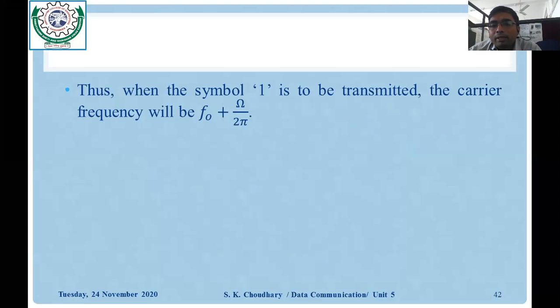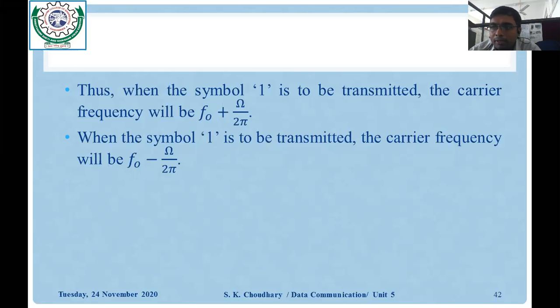When the symbol 1 is transmitted, the carrier frequency would be f0 plus omega upon 2 pi. When the symbol 0 is transmitted, see here it is not binary 1, it is symbol 0, then the carrier frequency would be f0 minus omega upon 2 pi.